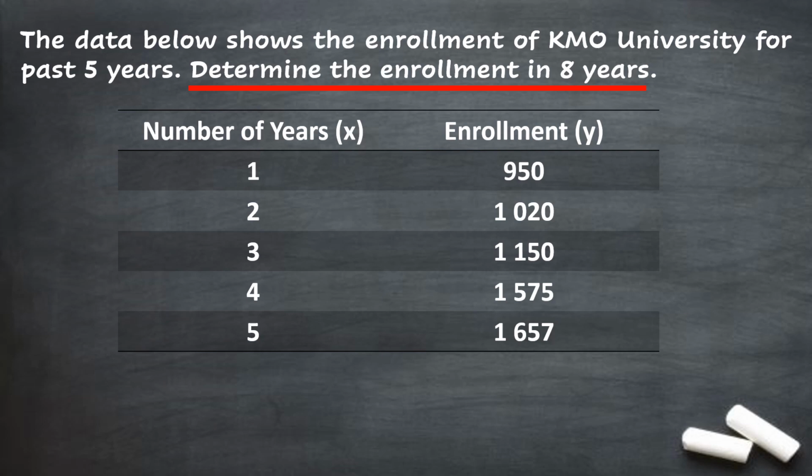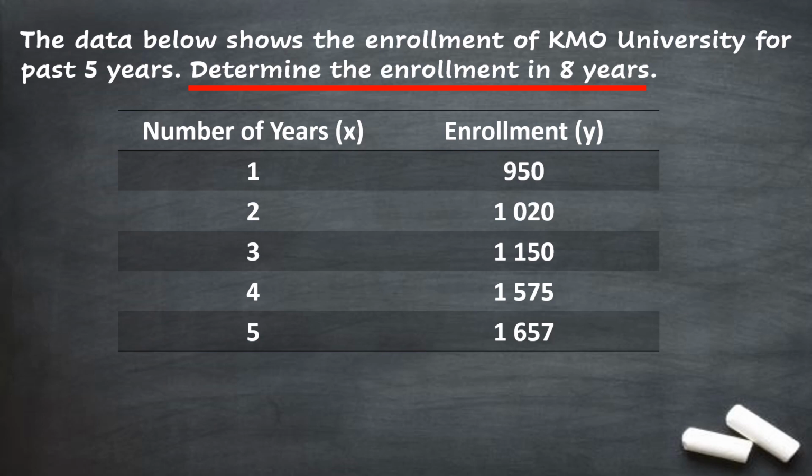Again, you will use a regression analysis statistical test if you want to predict something. Since the relationship between these two given variables is already established, what you're going to do is just try to find out how many enrollments will be made in 8 years.